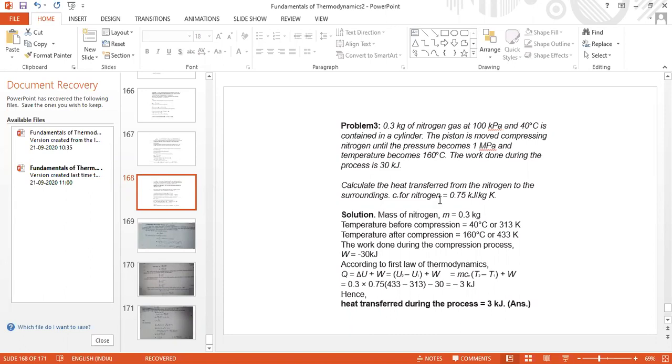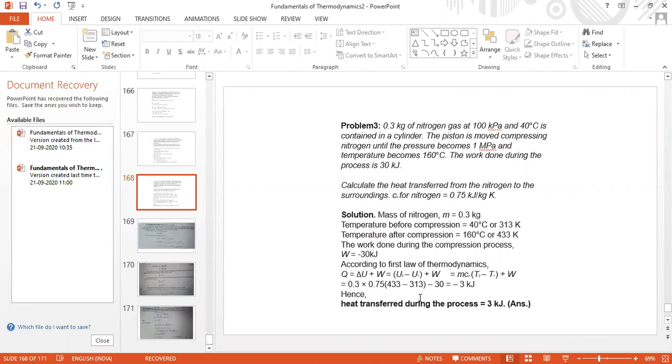That means compression requires work. Because it requires work, what is your work done? Work done during the process is 30 kilojoules. So that is substituted as minus 30, because this is a compression process.